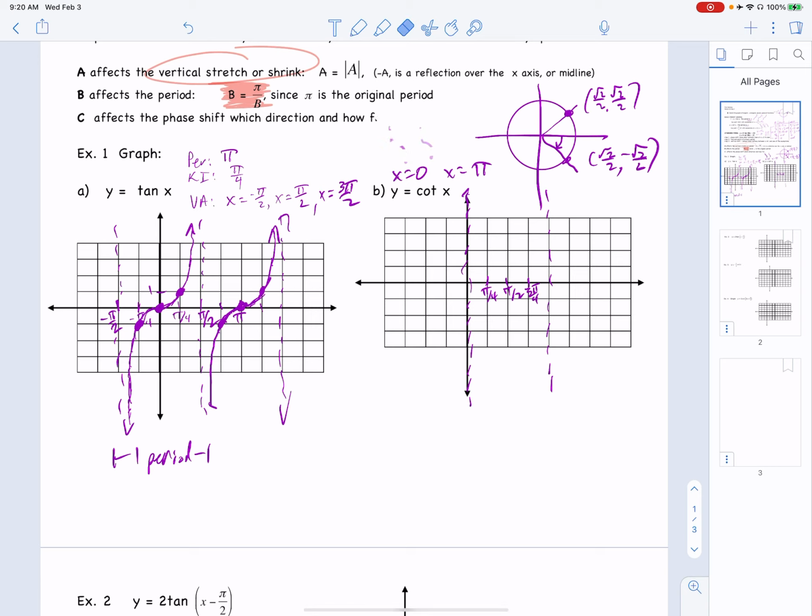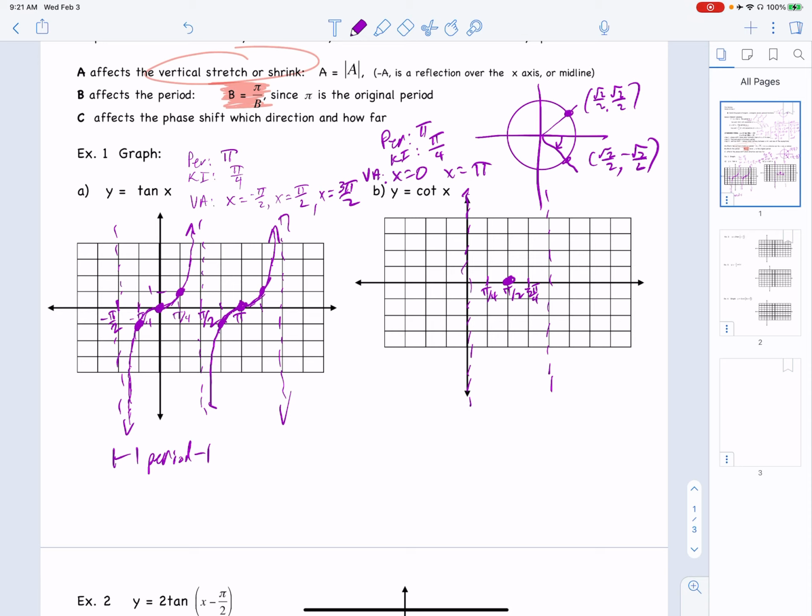And so the period for cotangent is still pi, and the key increment is still 1/4 of the period, or every pi fourths. And we have vertical asymptotes at 0 and at pi. Now, halfway, right in the middle of the two asymptotes, just like tangent, we're at 0.